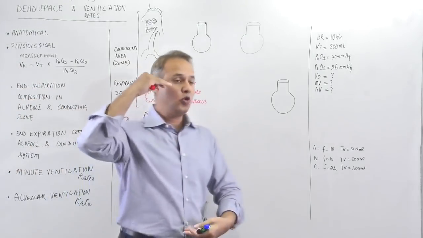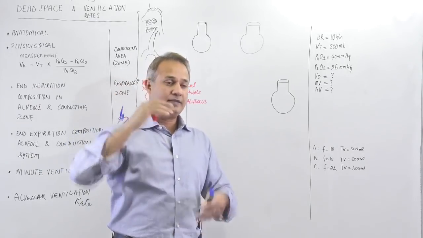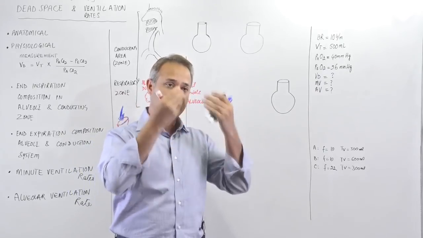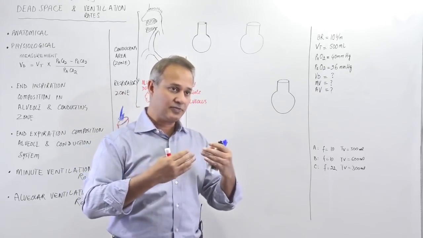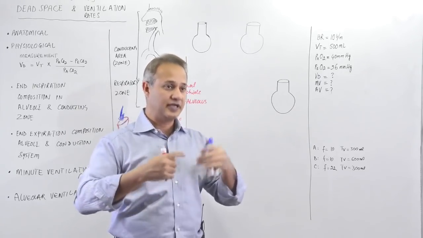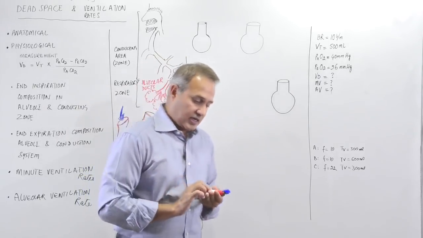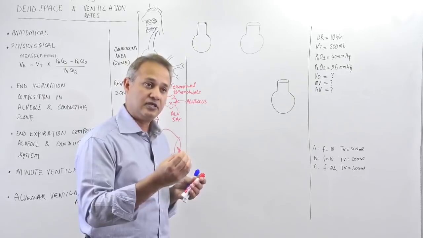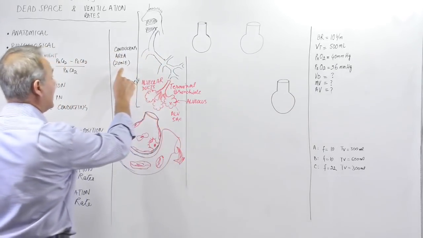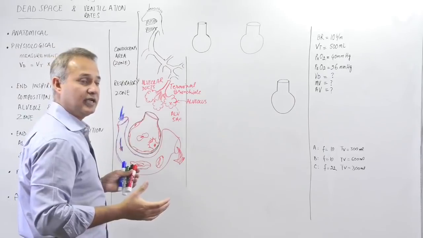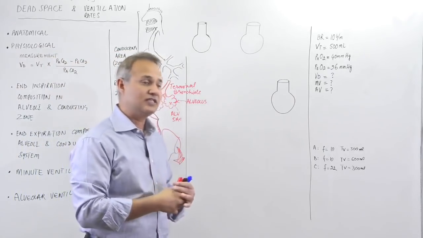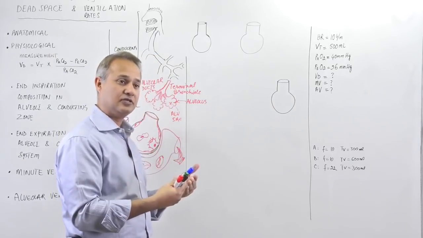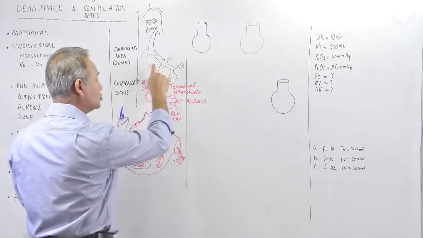So that means the whole airway can be divided into 2 proper anatomical segments. One segment just conducts the air and does not participate in gaseous exchange, and the other segment is where the gaseous exchange actually happens. The anatomical area where gaseous exchange does not happen is called anatomical dead space. And what does dead space mean? Air is present to have the exchange happen, blood is present there as well.